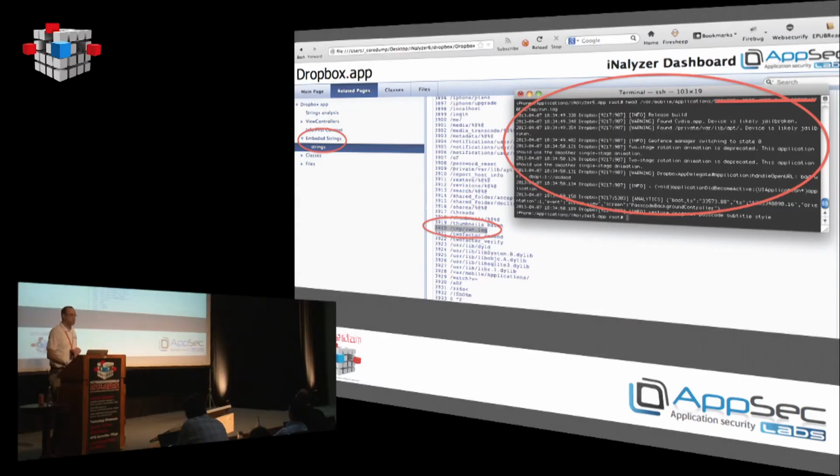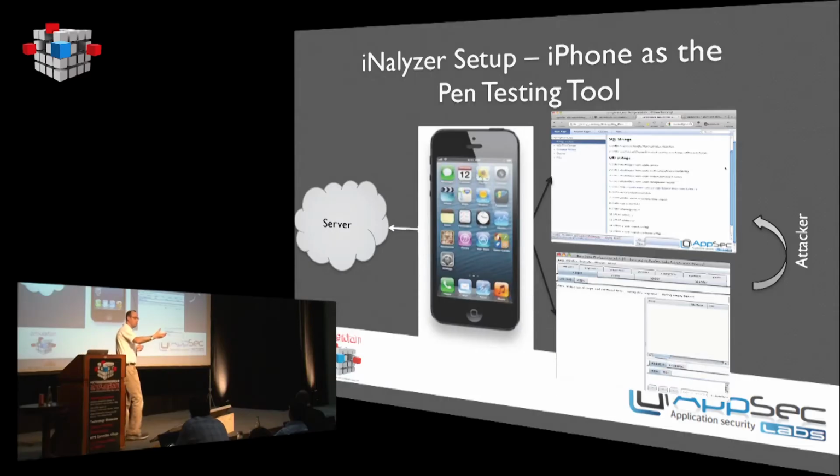So if I want to summarize at this point, when I'm using the iNalyzer, I'm taking my everyday scanning tool, an everyday web testing tool, and I remove them from in between of the communication channel and port it backwards to let the application do the effort for you.